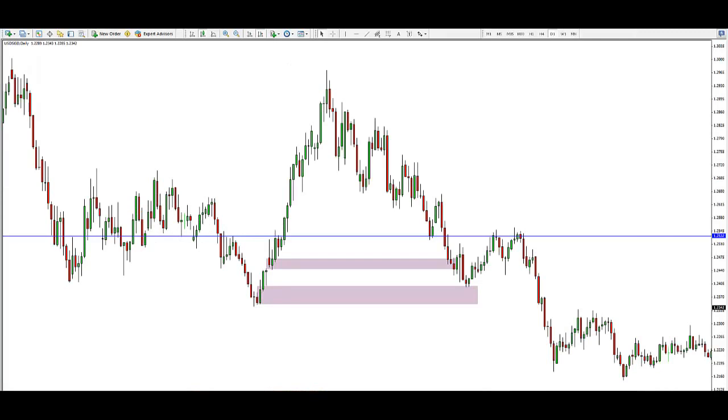Okay, this is the US dollar versus the Singapore dollar, and this is daily time frame. Now we can see we've got an SR zone along here. We had resistance, breakout, support, and breakout.